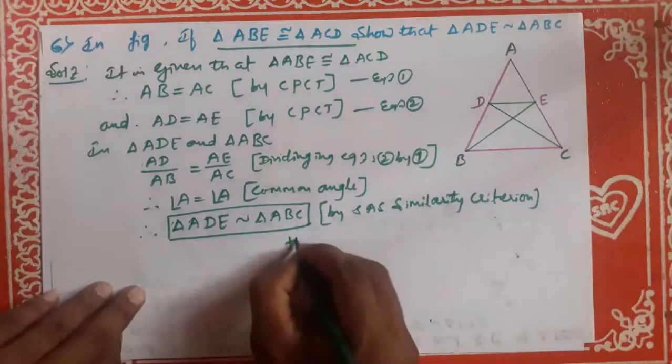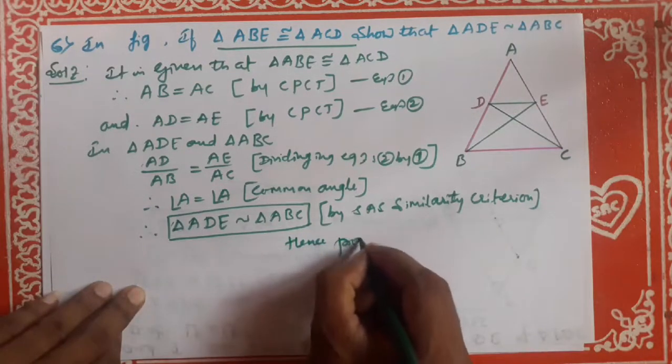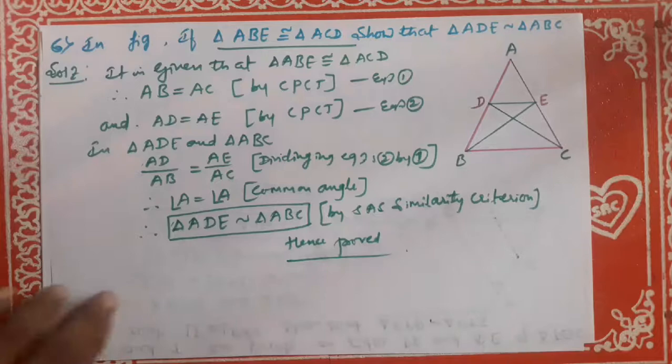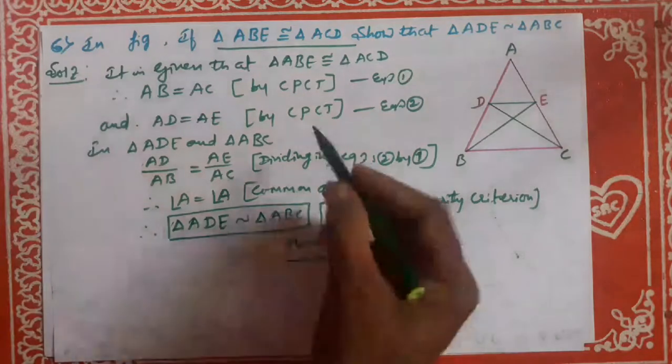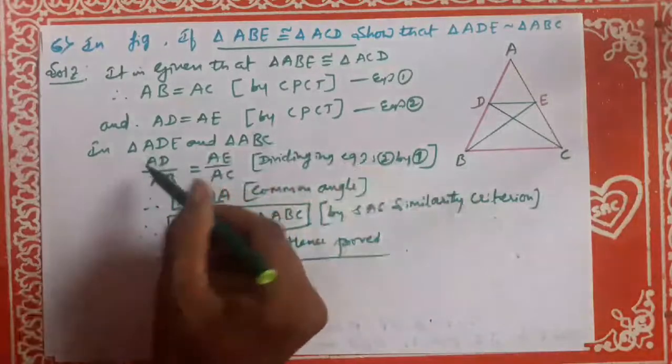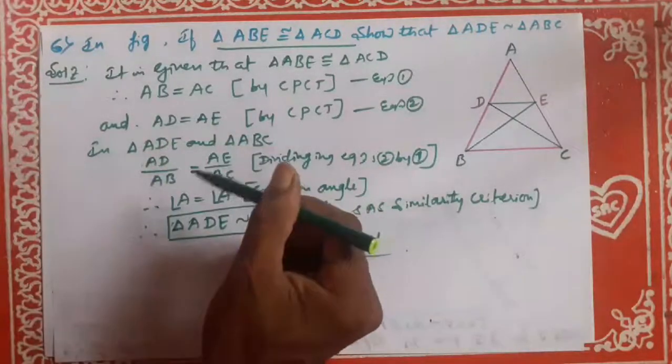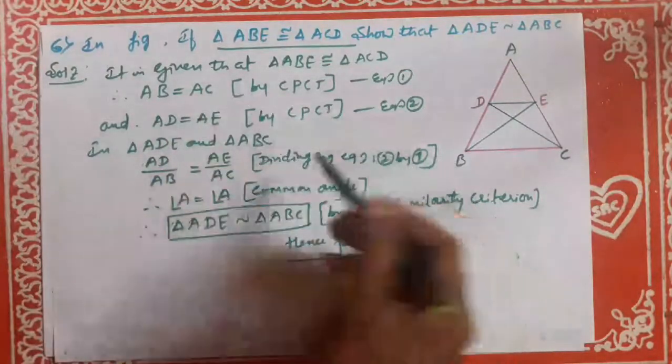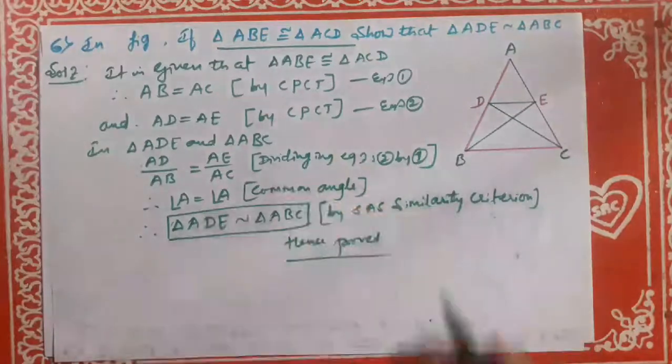Hence proved. This is the solution. Here, dividing equation 2 by 1, we can see AD by AB and AE by AC.